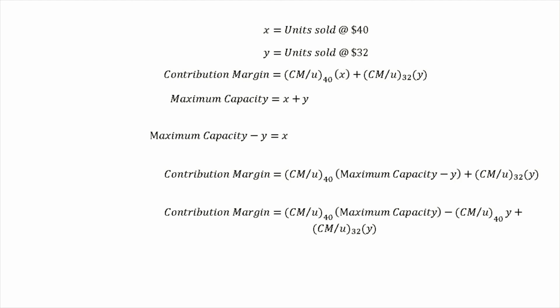By distributive property, the contribution margin is equal to the contribution margin per unit at $40 multiplied by the maximum capacity, minus the contribution margin per unit at $40 multiplied by the units sold at $32, plus the contribution margin for the units sold at $32.